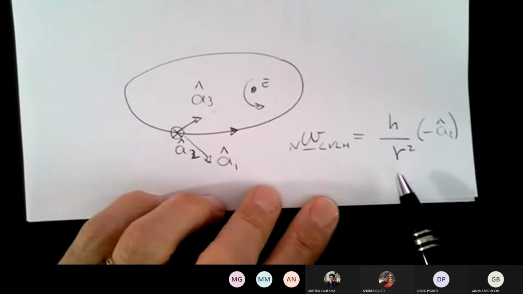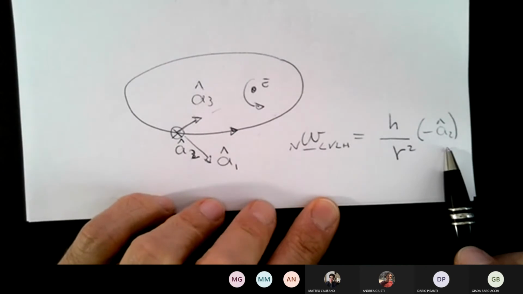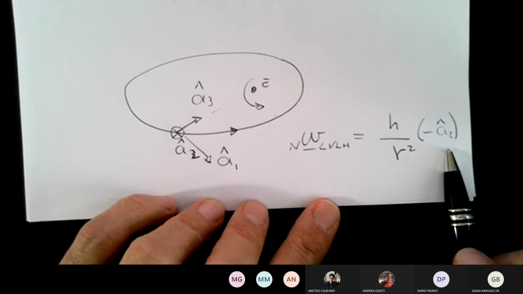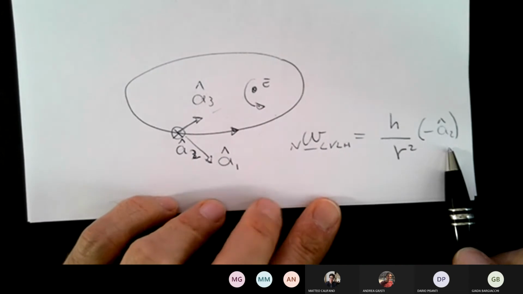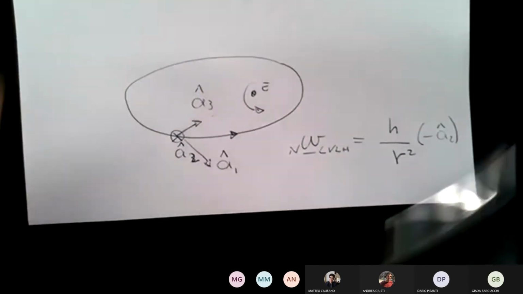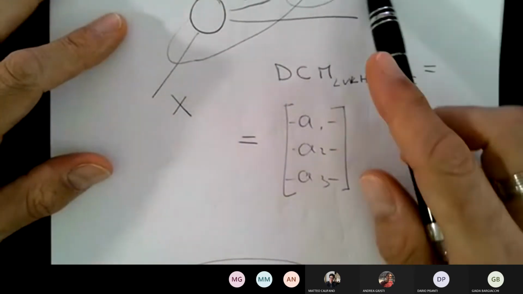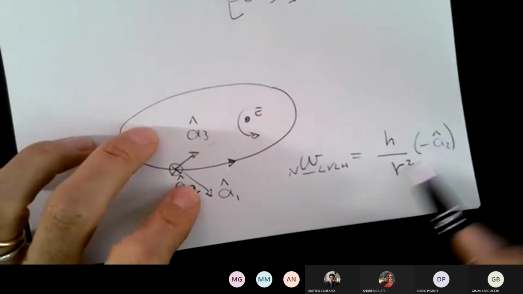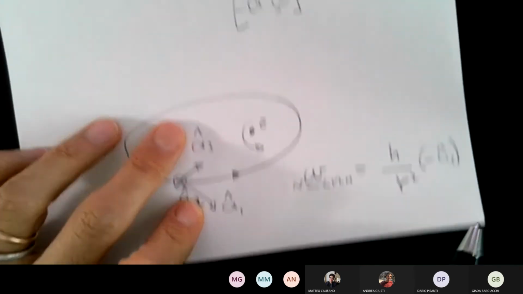So it does change in magnitude, but it doesn't change in direction because this is a Keplerian orbit, and the plane of the orbit is just fixed in space. Now, in the code, all these vectors A1, 2, and 3 are expressed in ECI, and the same would be true for this angular velocity. Then it's expressed in ECI.